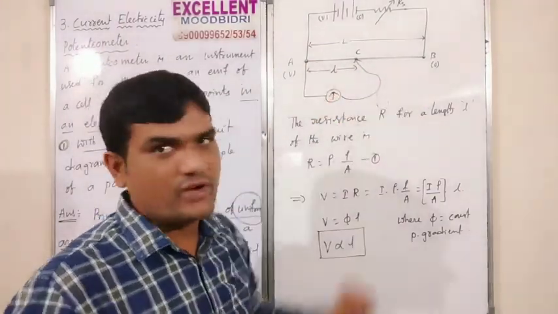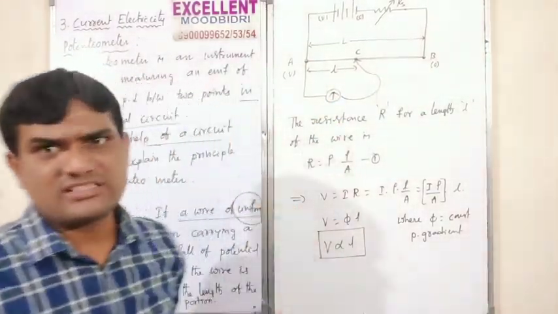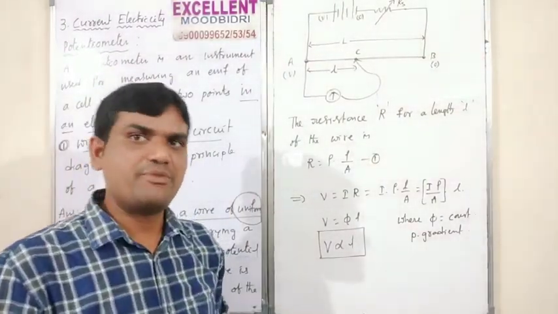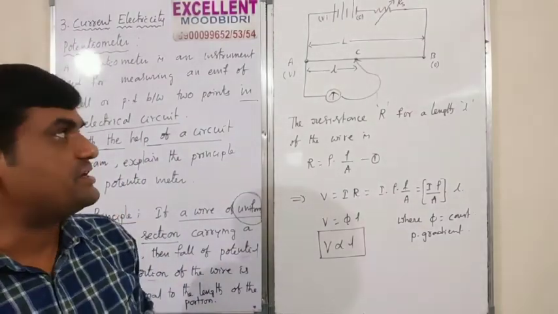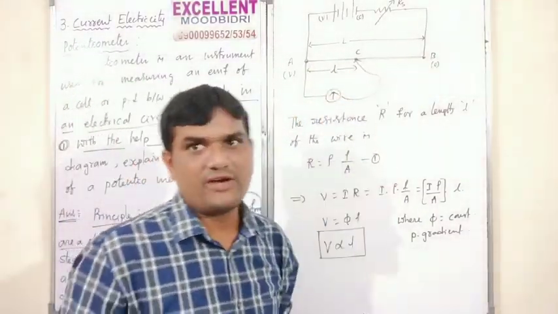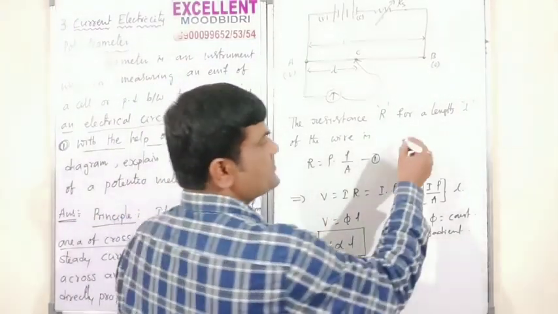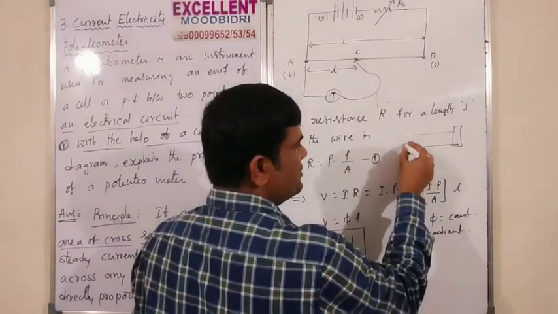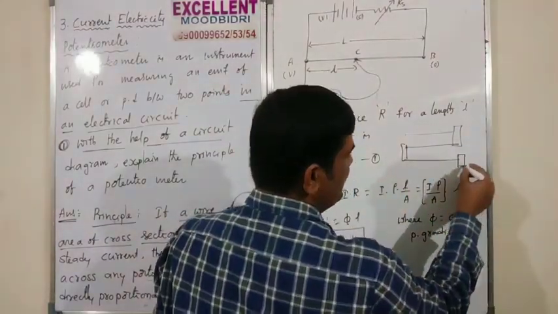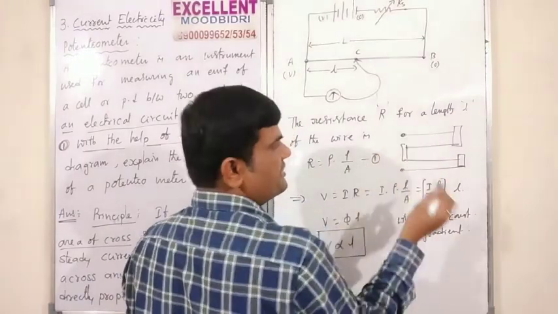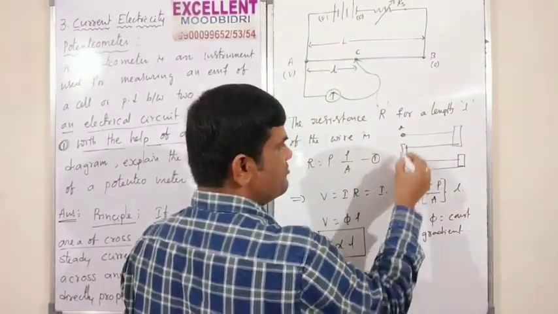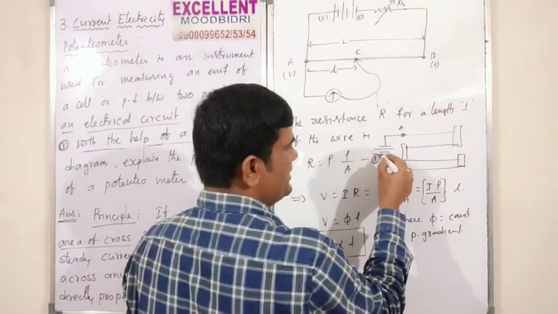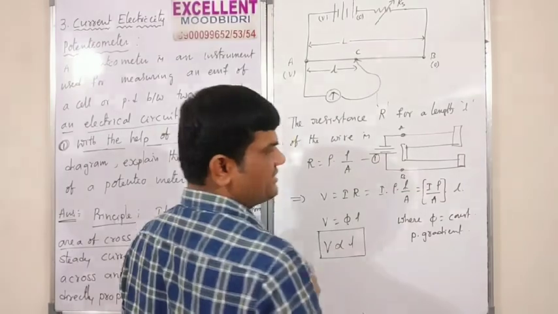This is a uniform, very long wire, nearly 4 meters, 400 centimeters, in the experiment, that is A to B. We arrange the wire in strips between A and B, like that, one strip after another. This is A and this is B. Now we arrange the battery in this manner.